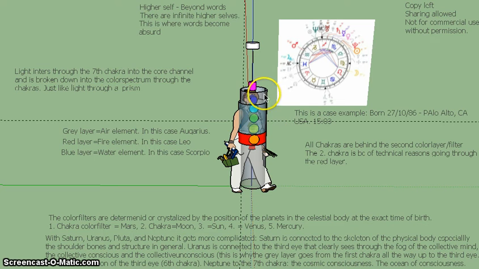So notice that the seventh and the first chakra are vertical, because they are the entry and the exit point of the vertical dimension of being, and the other chakras are horizontal.